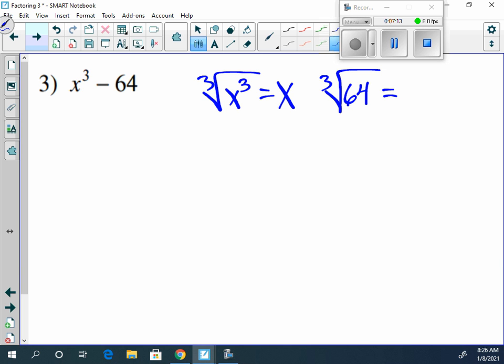When the exponent and the root match up, they simplify out. Now, the cubed root of 64 is 4, because 4 times 4 is 16, and 16 times 4 is 64. So it does work. We do have a sum or difference of perfect cubes.